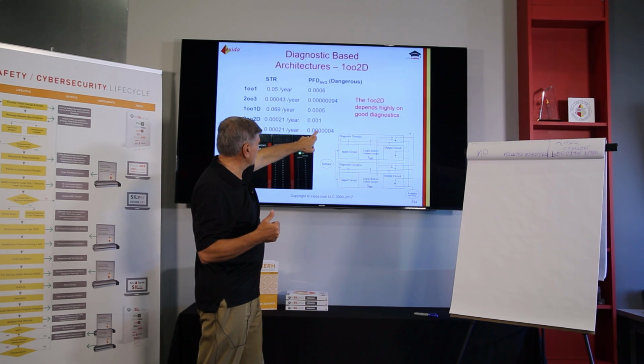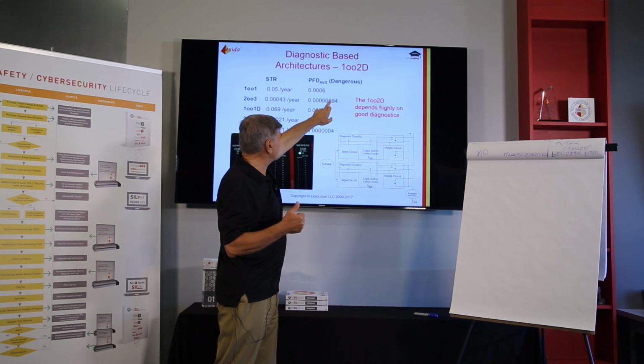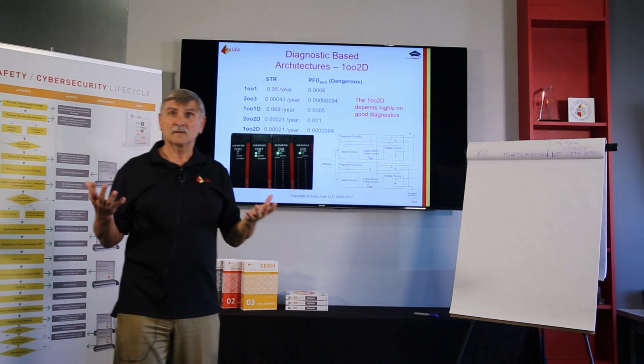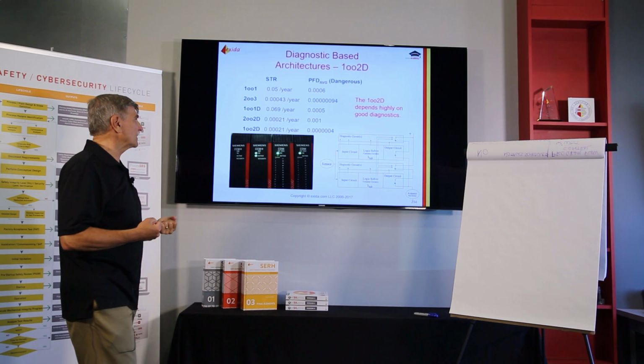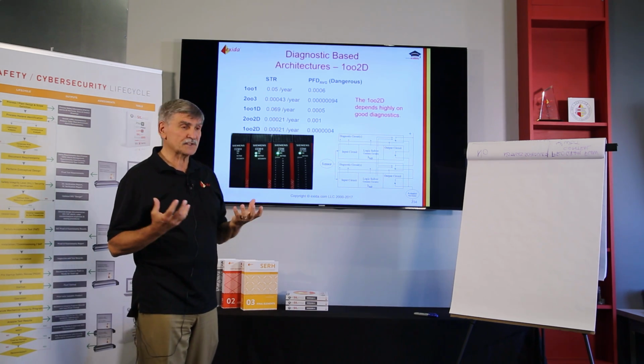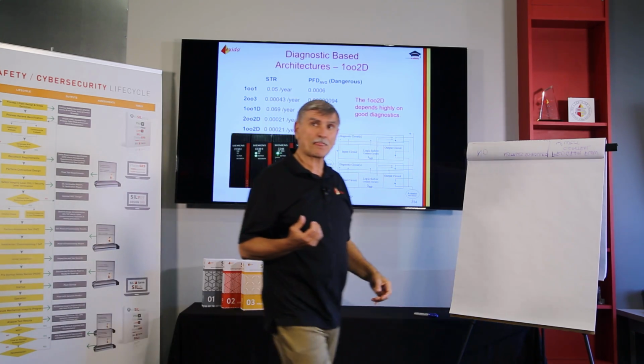We've got to count these. 1, 2, 3, 4, 5, 6 zeros. At 95% coverage, this is better on safety also. And that's what designers concluded in the late 80s, where this kind of an architecture became commercial.